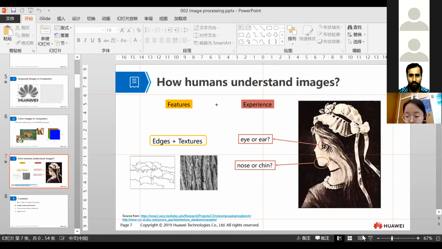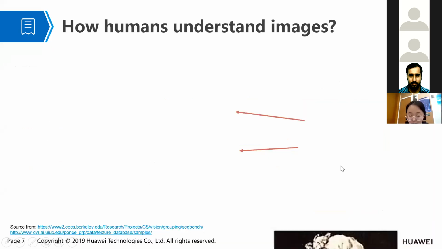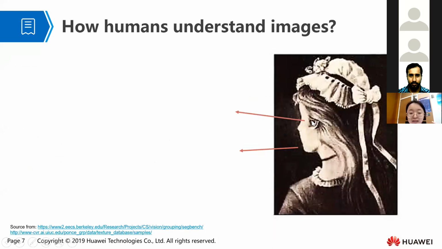If you view this feature as the eye, and here is the nose, and here is a mouth, you can see an old lady from the image.